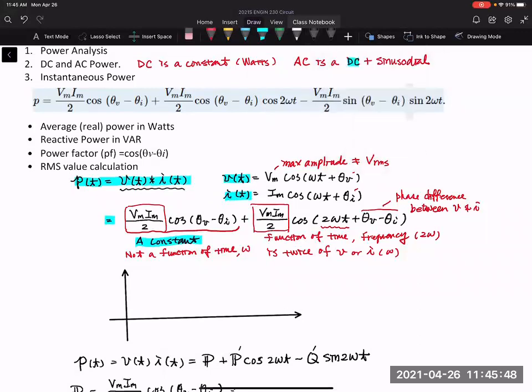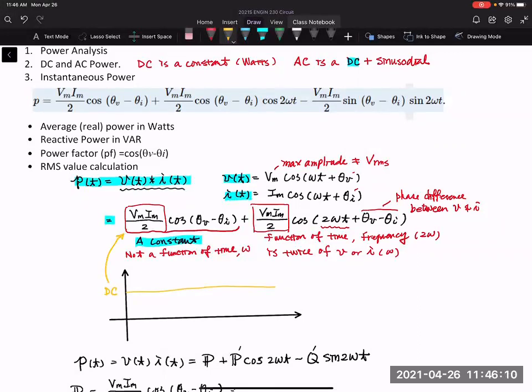That level is the level going from here to here. This level is more like the DC value. So this one is what we call the DC value here. And this value is this one here.